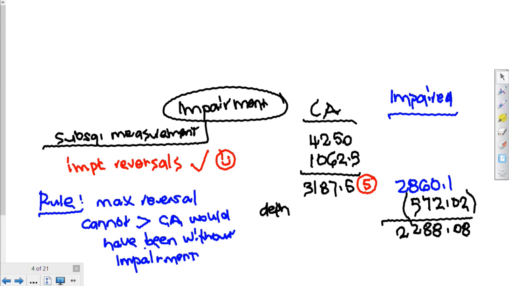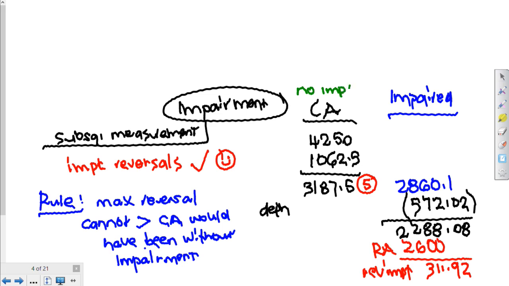All right, so let's assume that the recoverable amount at this stage is 26, and that then I would want to reverse impairment by 311.92. Okay. So what I would then need to check is my rule. I would need to check what the carrying amount would have been if I had never impaired. So I go back to the costs column, carrying amount, no impairment, and I calculate what that would have been.